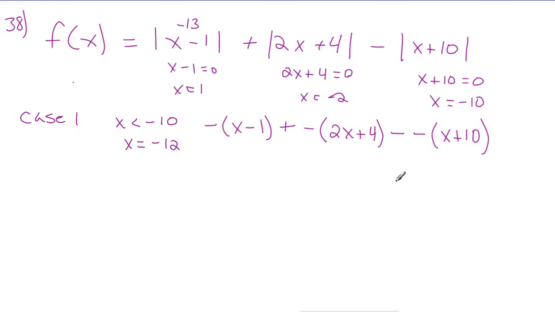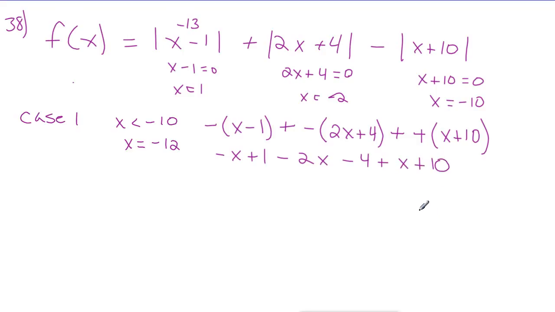So in this case, now I just need to expand all this. If I distribute this out, we're going to get negative x plus 1, and then minus 2x minus 4. This is going to become a plus, so we're just left with plus x plus 10.